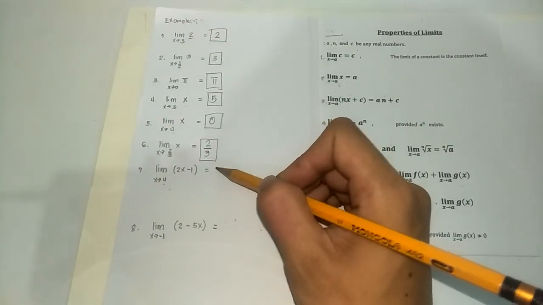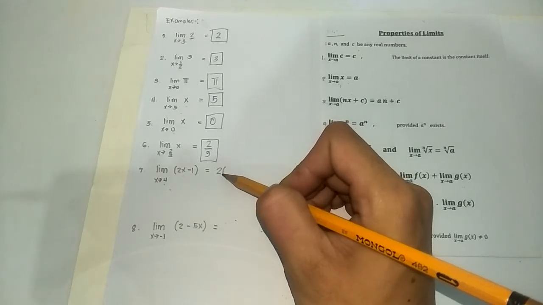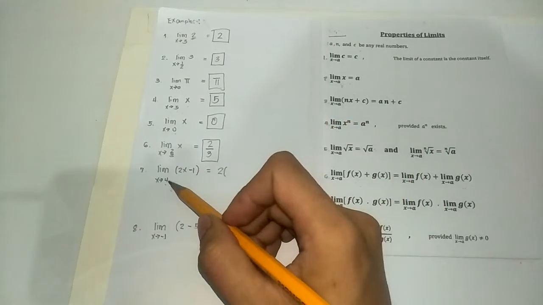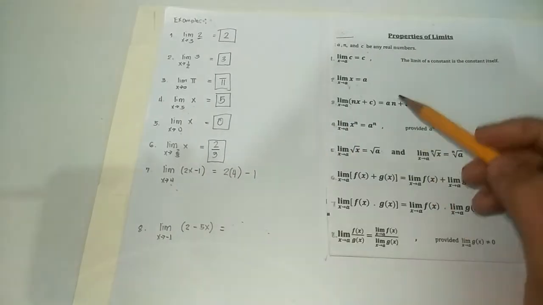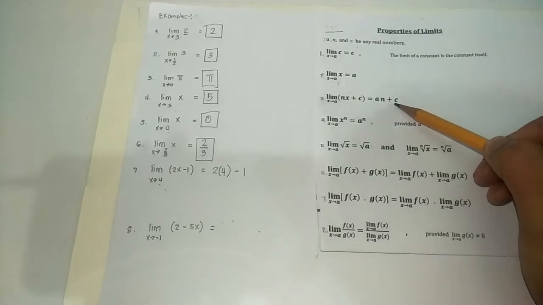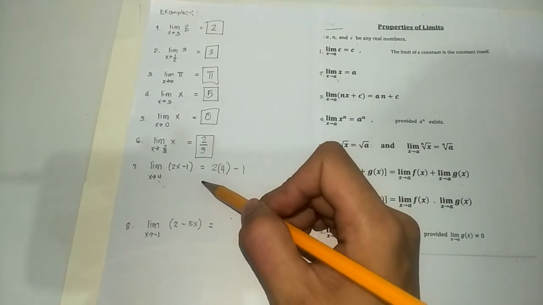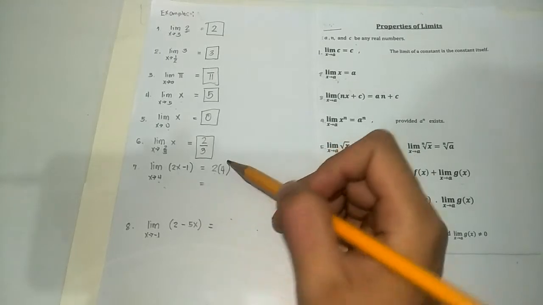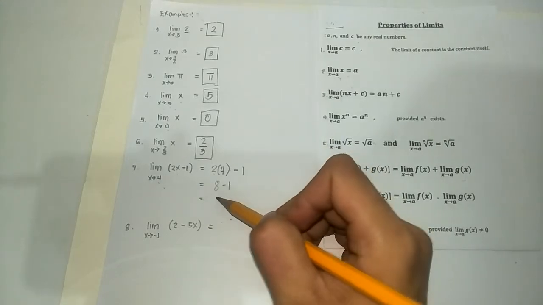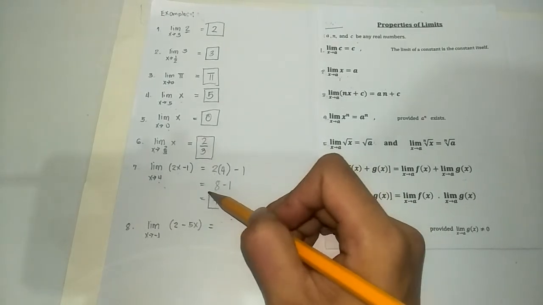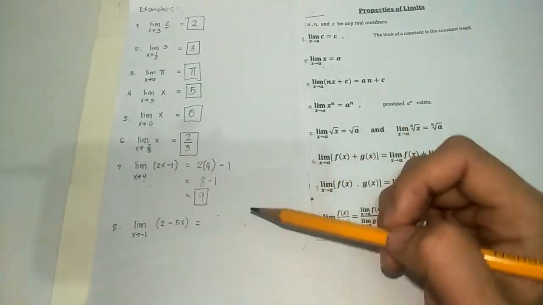So we have 2 multiplied by 4 minus 1 because we copy the constant 1. Then simplify, that is 2 times 4, that is 8, minus 1, that is 8 minus 1, that is 7. So our answer here of the limit of 2x minus 1 where x approaches 4 is 7.